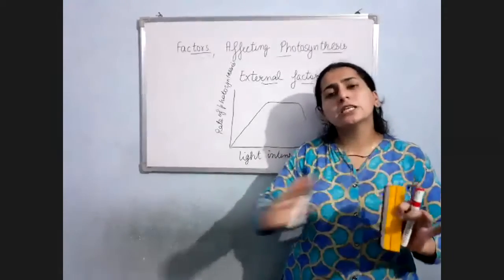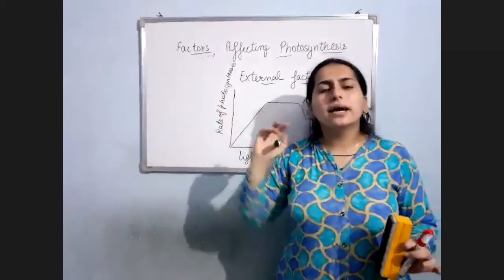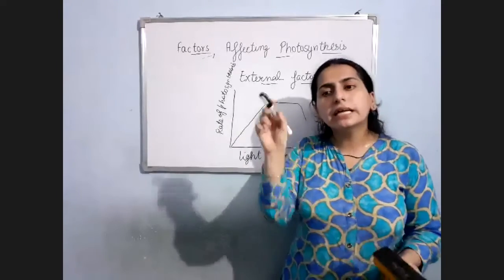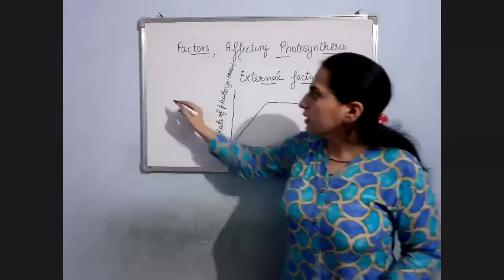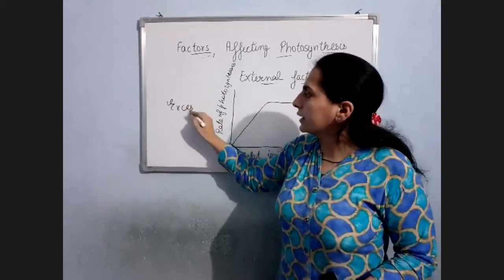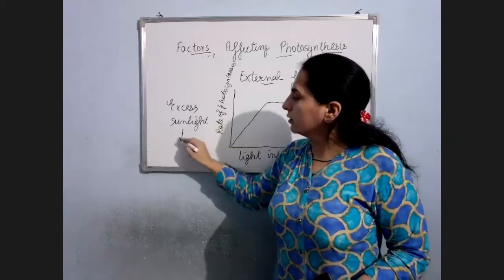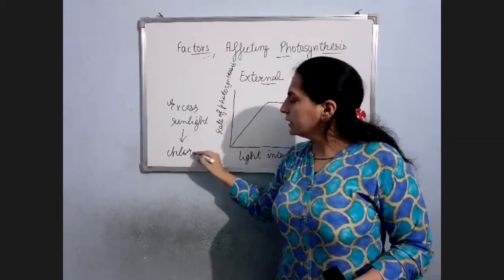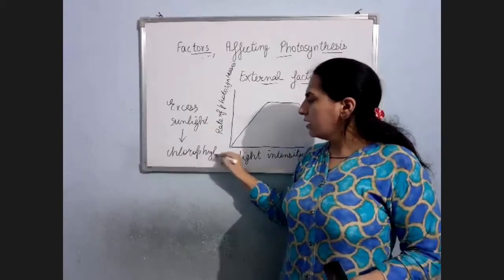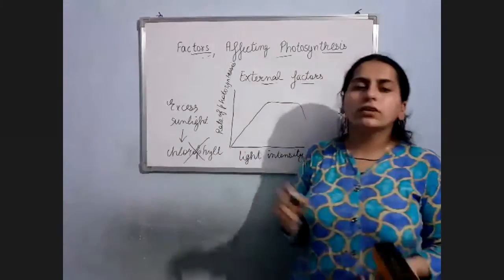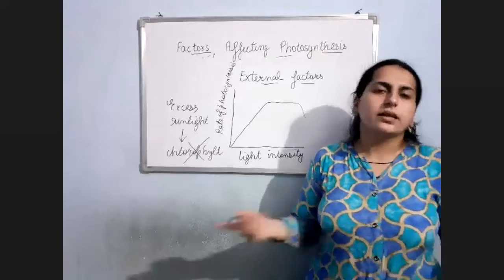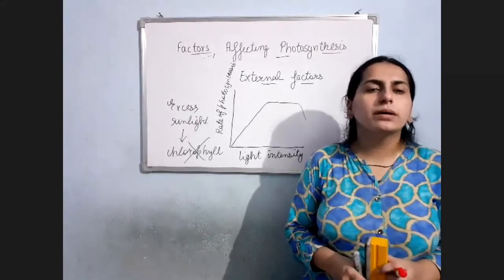If there would be excess sunlight, it will degrade the chlorophyll. Then the chlorophyll will be destroyed. And result you can imagine, if the chlorophyll is destroyed, then ultimately photosynthesis will be affected.